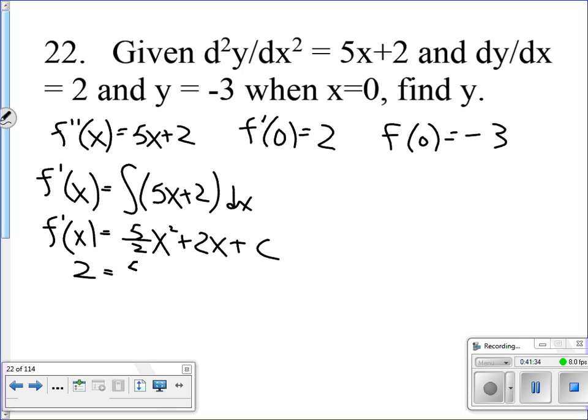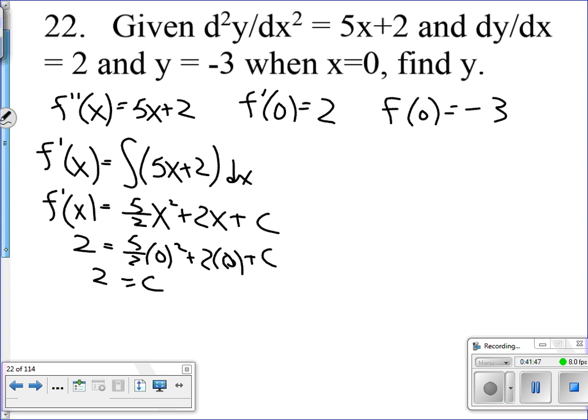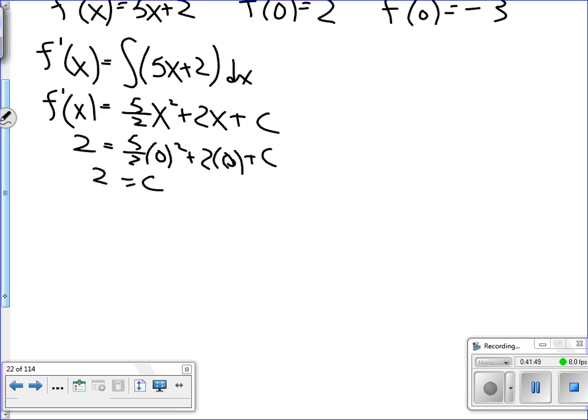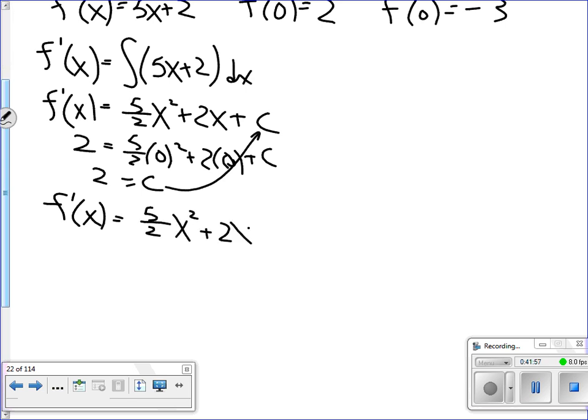So 2 equals 5 halves times 0 squared plus 2 times 0 plus c. That means that for this first derivative, c equals 2.